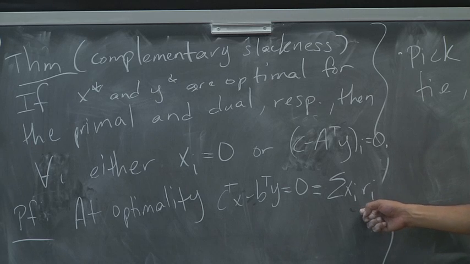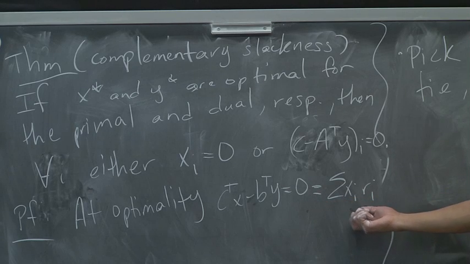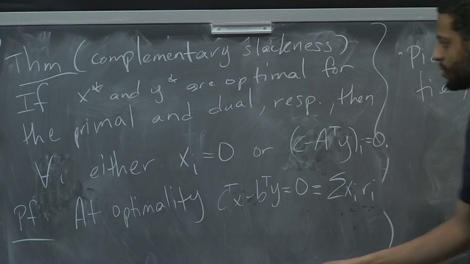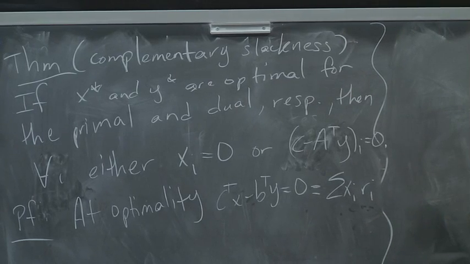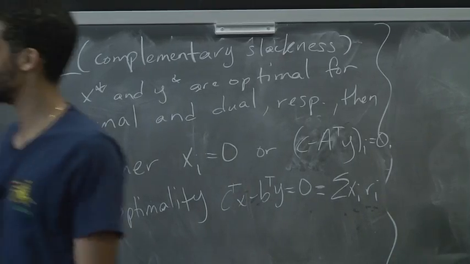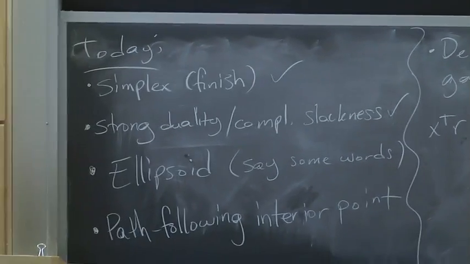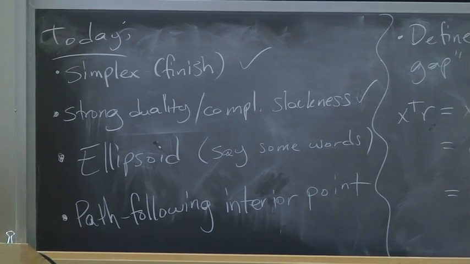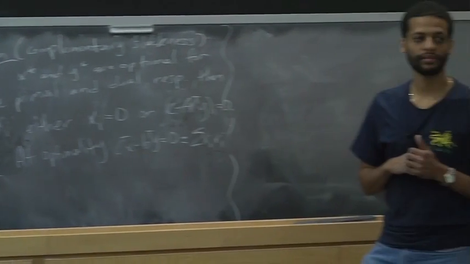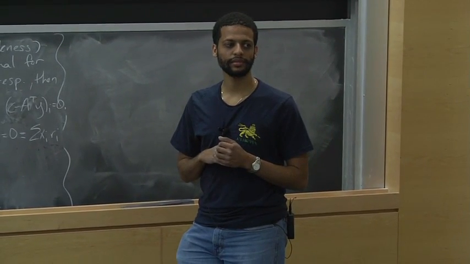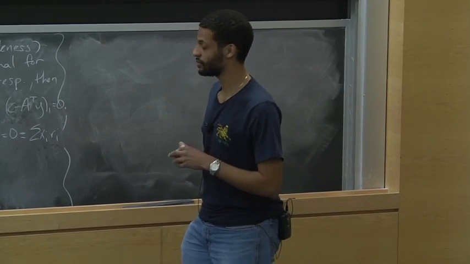All these terms are non-negative. So for them to sum to 0, each summand has to have either x_i being 0 or r_i being 0. That's pretty much everything I wanted to say about these two things, which means now I'm going to move into the second pair of things. So before I switch topics, do people have questions? No? Okay.